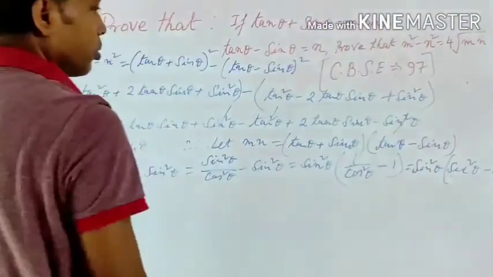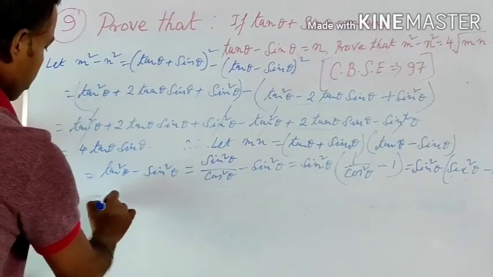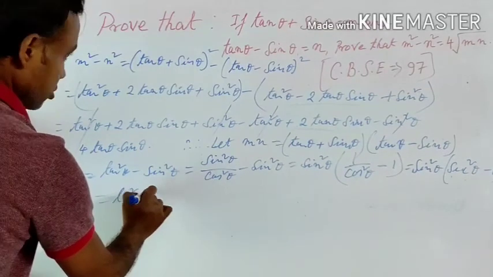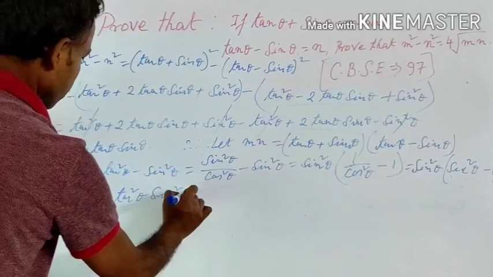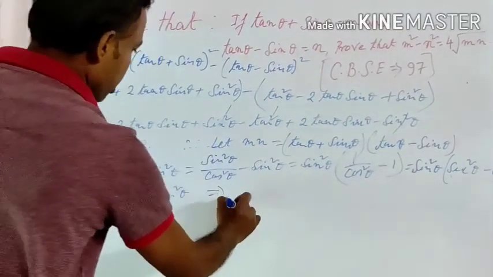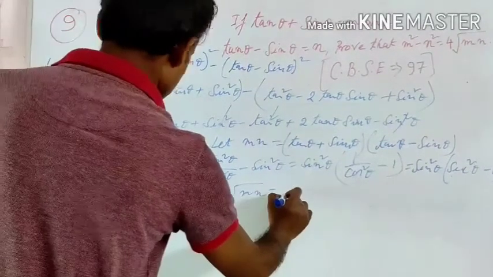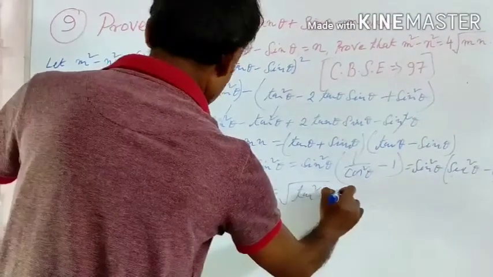Sec square theta minus 1 is equal to what? Sec square theta minus 1 is equal to tan square theta into sin square theta, so here root over mn is equal to what? Root over tan square theta sin square theta.